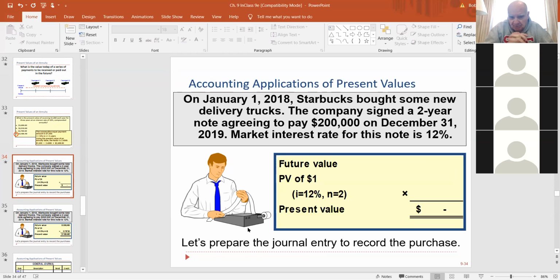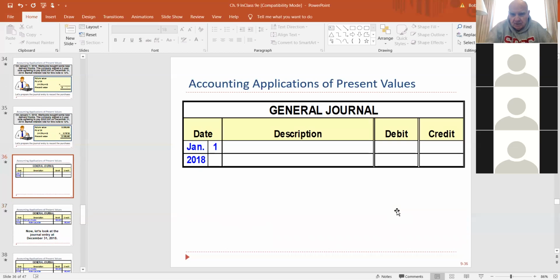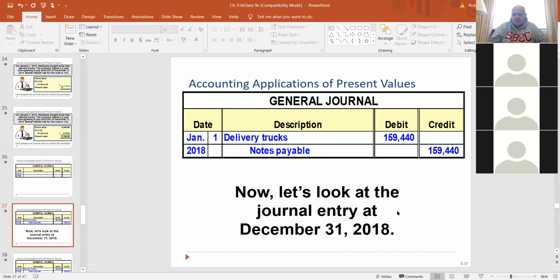So if you see your table there, you will see that $1 in the future is worth 79 cents today. $1 in the future has a present value of 79 cents here. So we multiply that out, and that's the present value, 159,440. Okay? So what's our journal entry? We are going to debit delivery trucks and credit notes payable.